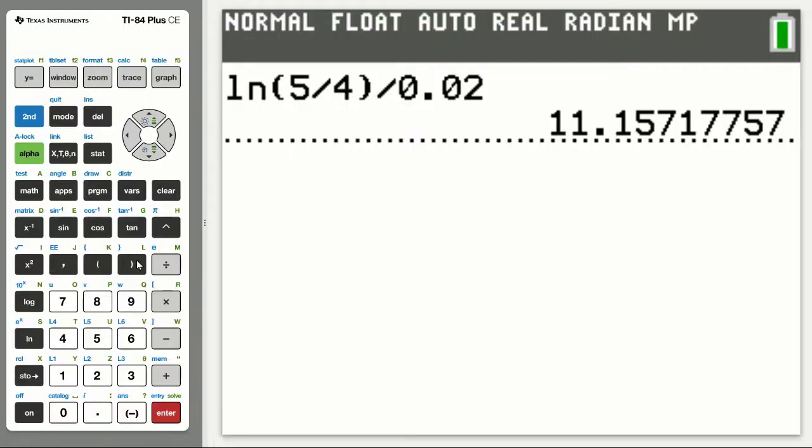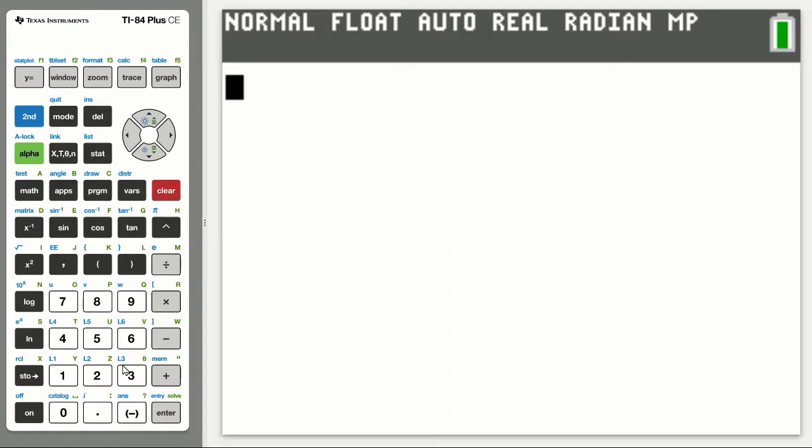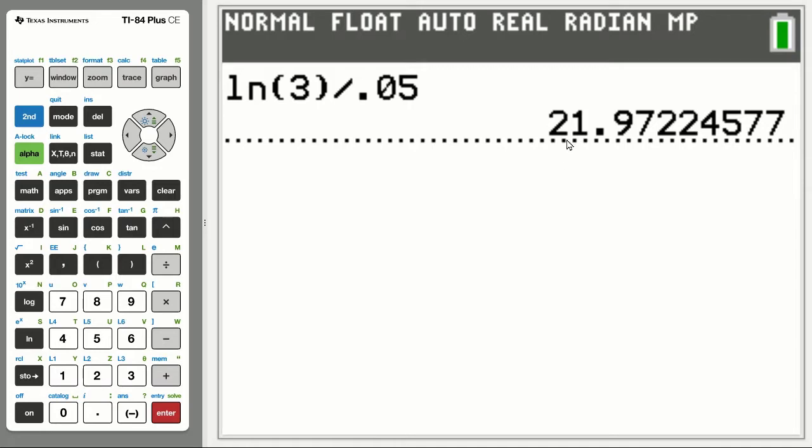With the calculator, I was doing natural log of 3 divided by 0.05, and I wrote 0.02, so it needs to be a 5 here. Now the answer is approximately 21.972.